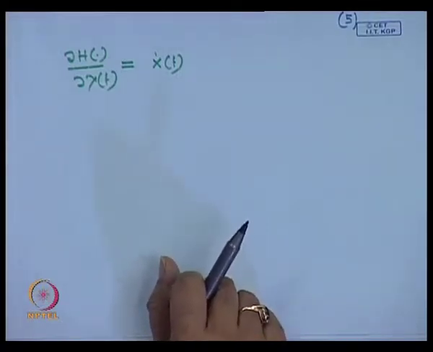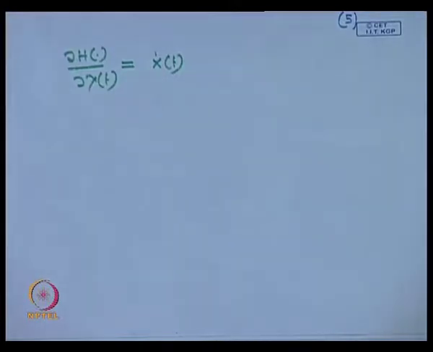Now see our objective function. If you refer to your last class note, we have written the Lagrangian function as the objective function plus lambda transpose times the constraint. So one of the KKT conditions is that del L del lambda must be equal to 0.